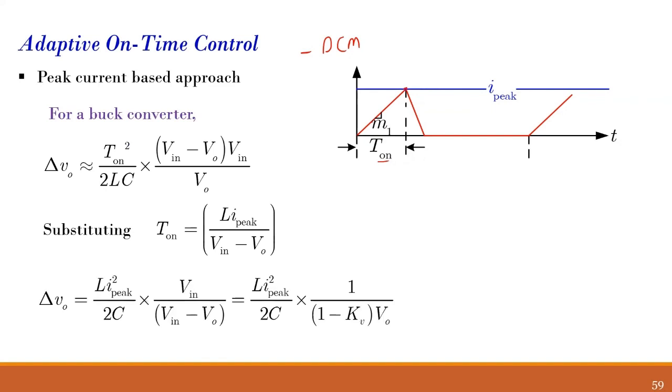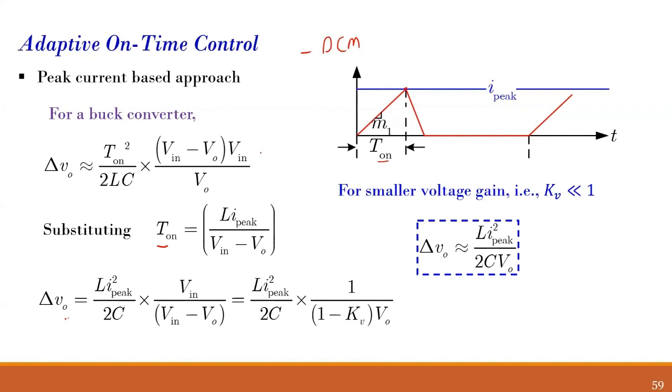If we consider this property and we know the expressions for T on, and we substitute that into the output voltage ripple, it comes out in this fashion.